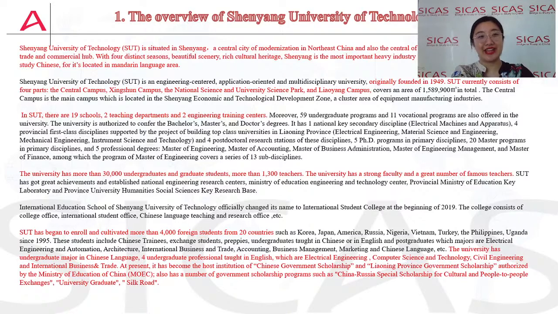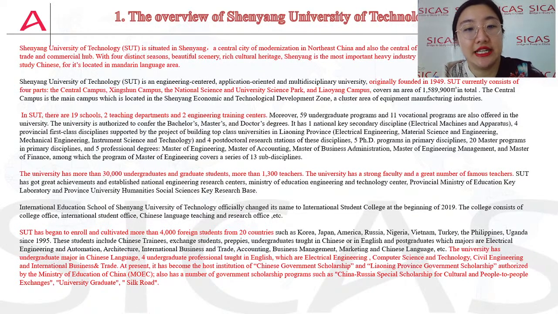It's located in a Mandarin language area, and it was founded in 1949, and it consists of the central and other parts of the campus. There are 19 schools, 2 teaching departments, 2 engineering training centers, and it has more than 30,000 undergrads and graduate students, more than 1,300 teachers.